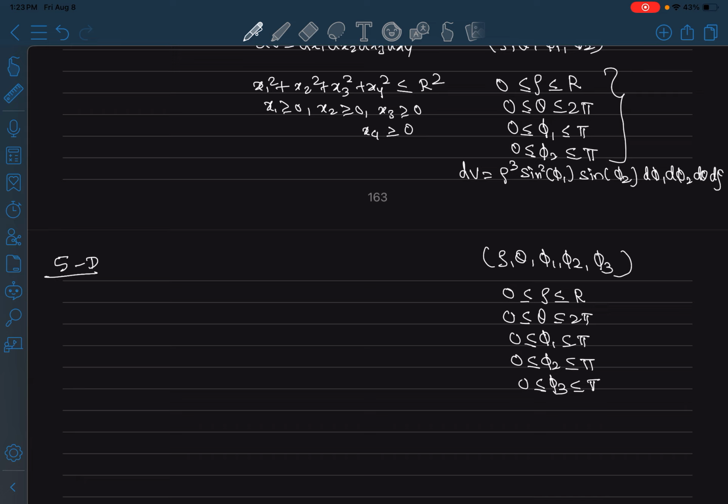So it's kind of a theory thing. And this has rho to the power 4 sine cubed phi 1 sine squared phi 2 sine phi 3 d phi 1 d phi 2 d phi 3 d theta d rho. I think you can see the pattern now, right? So this is for dV4, dV5.